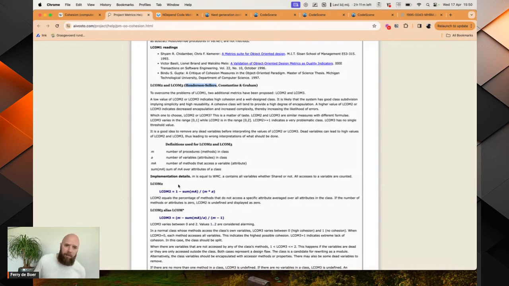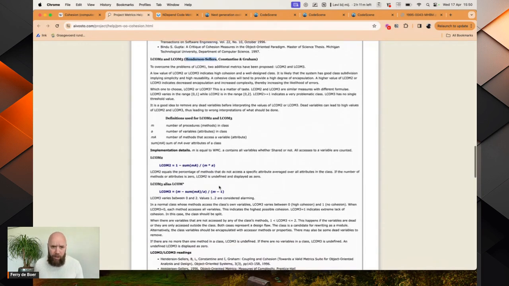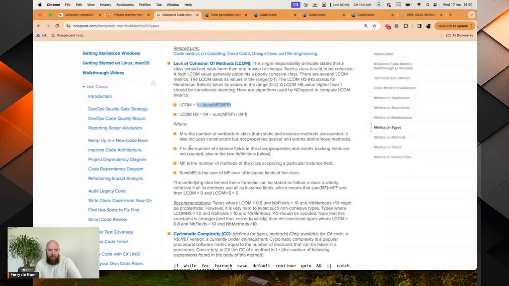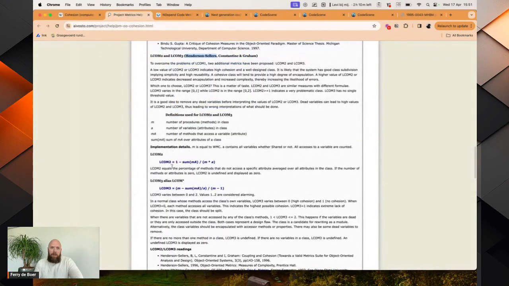They don't really clearly say which one is Henderson, Sellers, or Constantine and Graham, but let's just assume the NDepend definition here is right, that this one is regular, what they call LCOM, which is then LCOM 2, and LCOM 3 is an iteration on that, or an evolution, and that's LCOM 3.